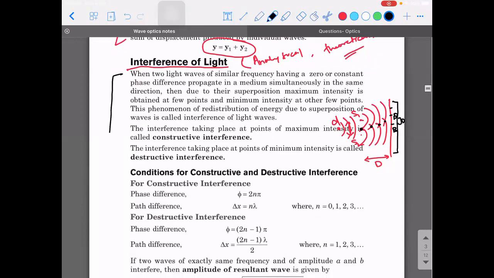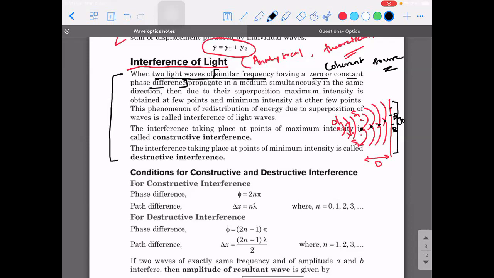So this interference of light mainly speaks about what? When you have two light waves of similar frequency, having a zero or a constant phase difference, propagating in a medium simultaneously, all put together is called a coherent source.